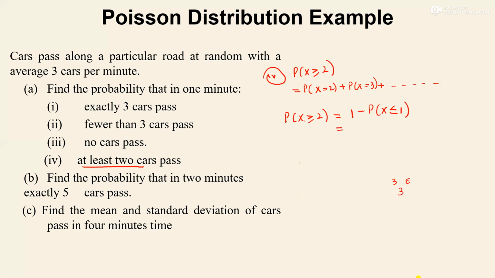Right? So that is equal to 1 minus, probability of x equals 0 plus probability of x equals 1.